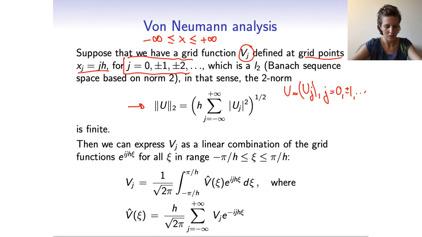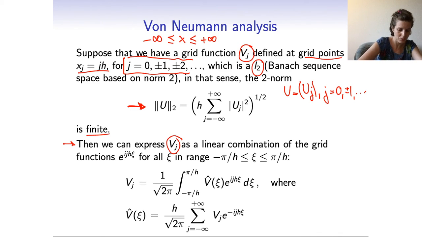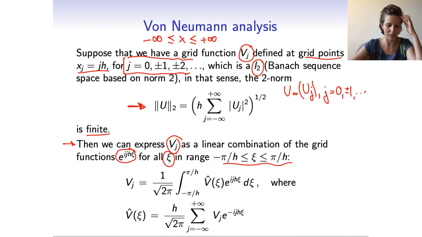So what we are saying here is that if we are in the space L2, this norm here is finite. So if this happens, then we can express Vj as a linear combination of the grid functions, okay, for all wave numbers psi in this range.